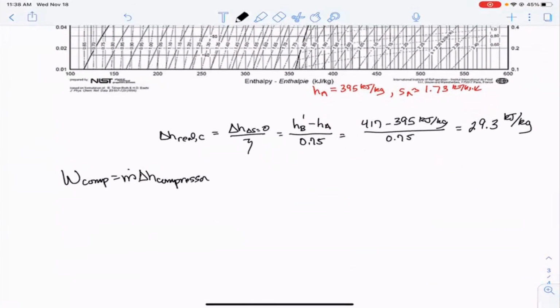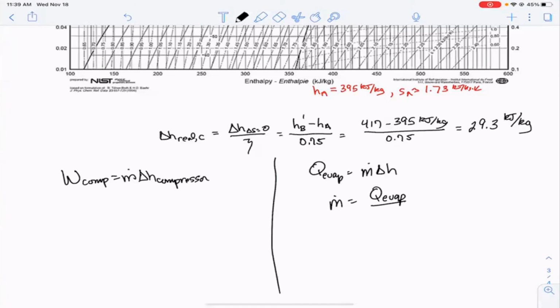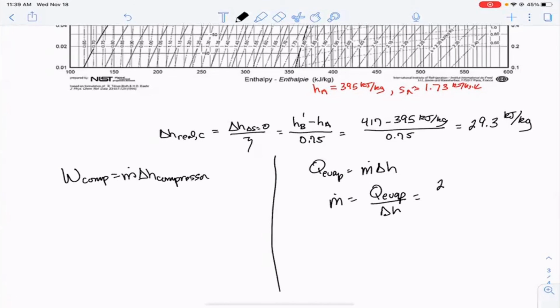So if we just put a pin on that for a second, in our evaporator, Q for the evaporator is equal to m dot delta H. So m dot just equals Q for the evaporator over delta H. And we're told what Q evaporator is, right? That's 2000 kilojoules per second.